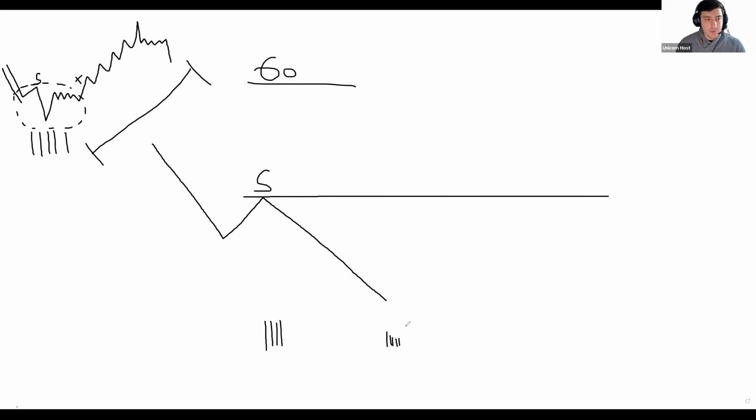Now, from this point all the way to before price breaks that last seller, if at any point higher volume than that seller begins to kick in, we say the buyers have just jumped in.